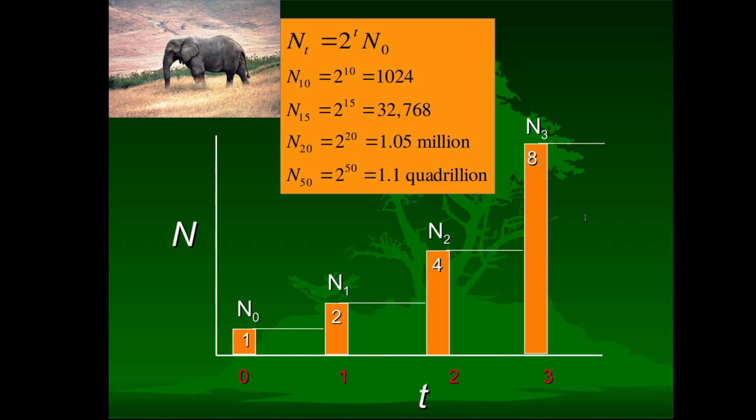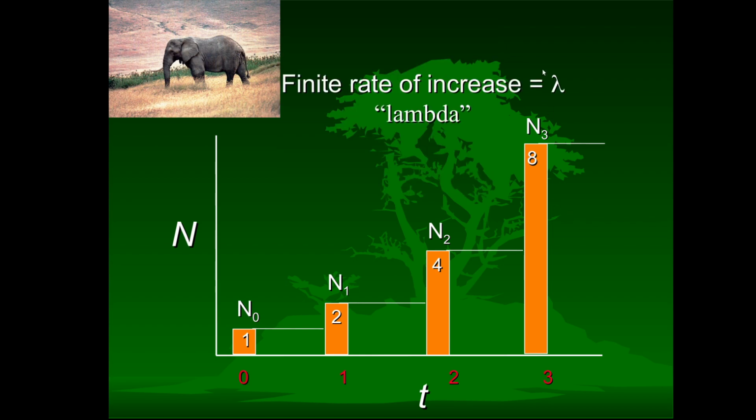So in general, the rate of increase can be any number, not necessarily 2, as we've assumed in this example. And in the case of a geometrically increasing population, the rate of increase is symbolized by the Greek letter lambda, which is sort of an upside down y, and lambda is called the geometric rate of increase, or the finite rate of increase.